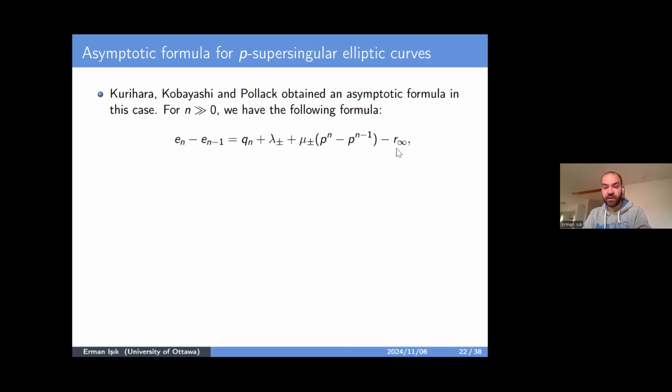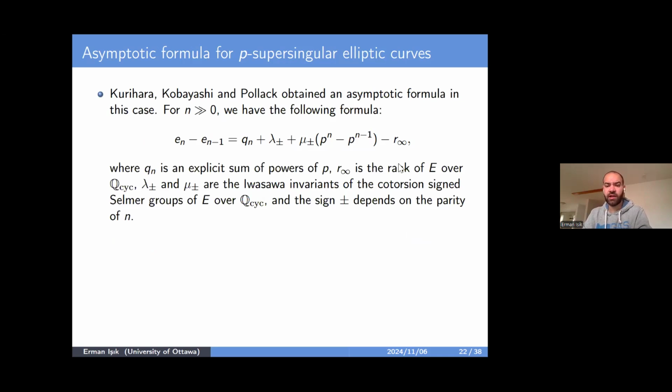Also, this r infinity is again the rank of E over the Z_p extension, and due to Kato and Rohrlich, we know in this case it is finite. This q_n is an explicit sum of powers of p, and for the Iwasawa invariants, the sign depends on the parity of n. If it is plus, we have something; if it is minus, we have something else. So we get this sort of formula.